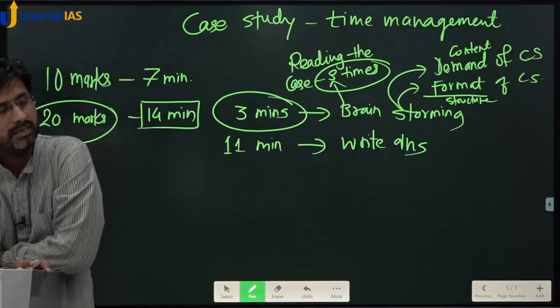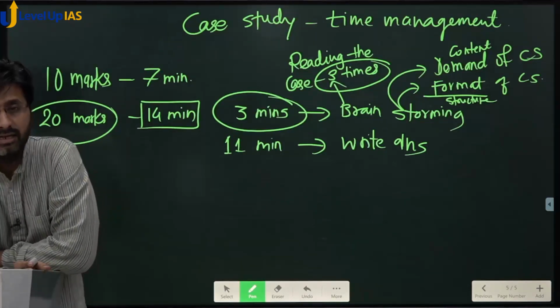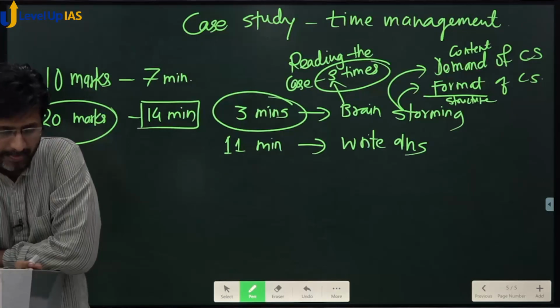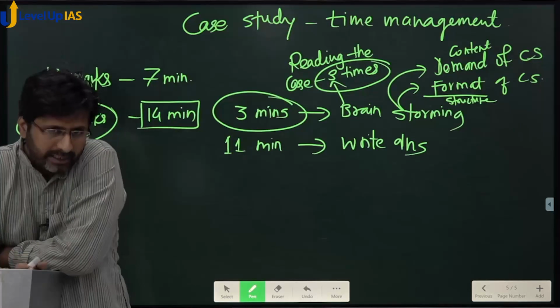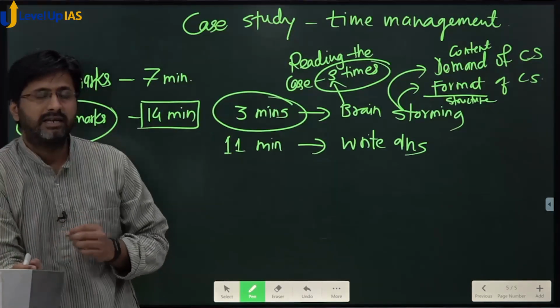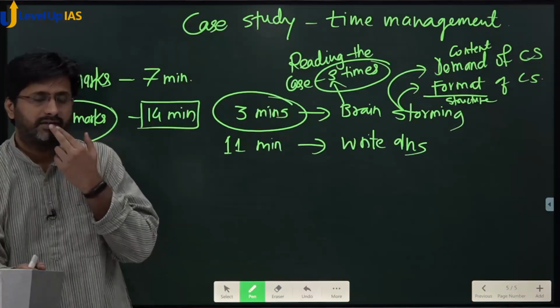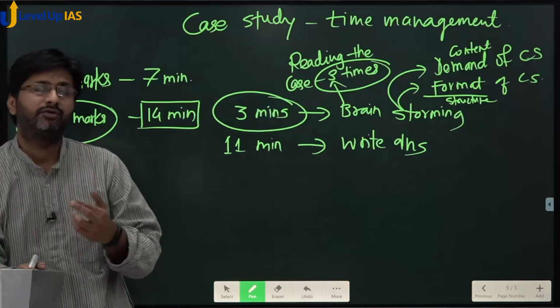See, when I say 3 times, don't take it as a ritual. What I am trying to indicate, please focus on that. It's not the ritual of following 3 times. Your understanding of case study should be as confident, as clear as if you have read it 3 times.